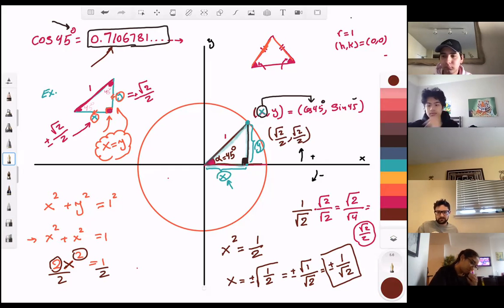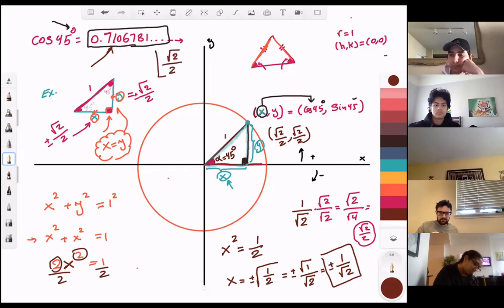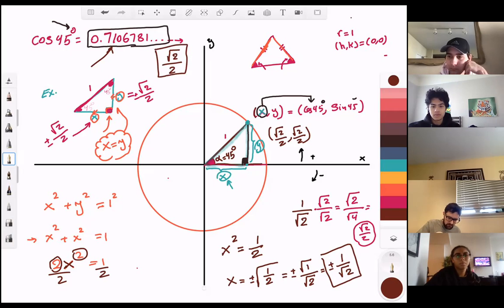So what is cosine of 45? Radical 2 over 2. In the exam, if I ask you what is sine of 45, what do we say? Radical 2 over 2.